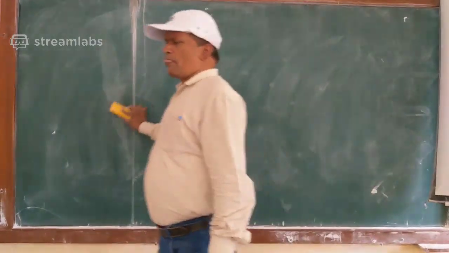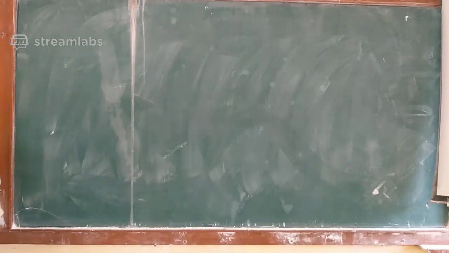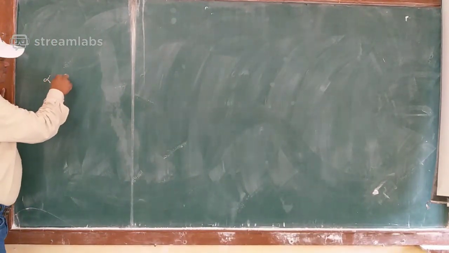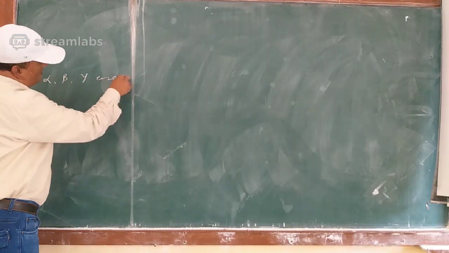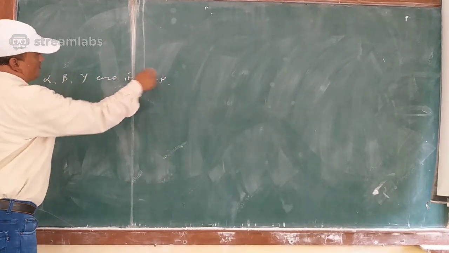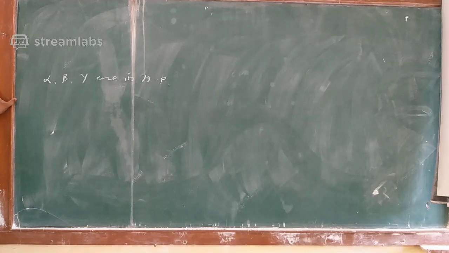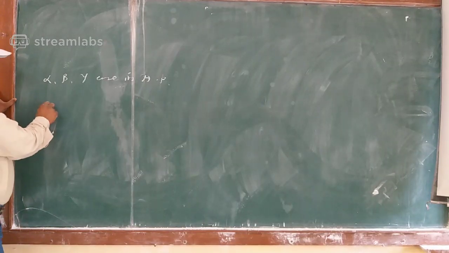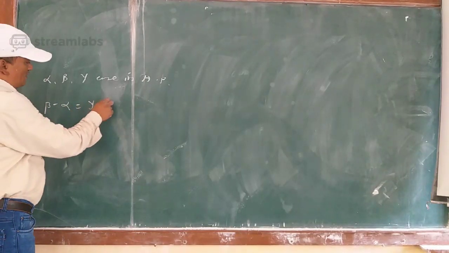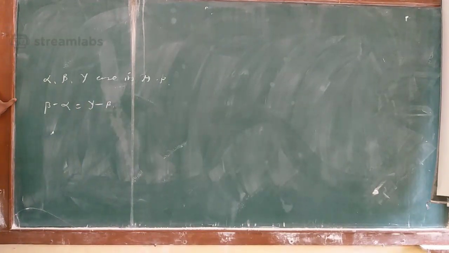See here, arithmetic progression means if alpha, beta, gamma are in AP, it means beta minus alpha equals gamma minus beta.